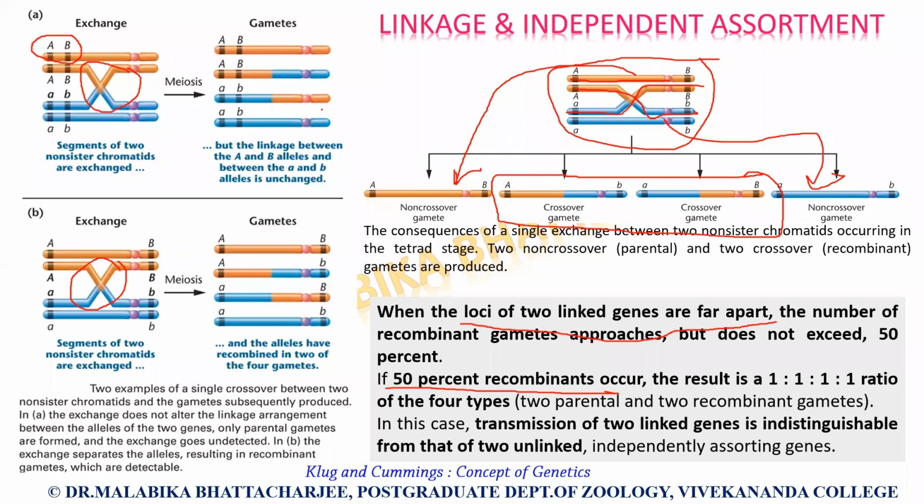So 50 to 50, parentals to recombinants, is independent assortment. Only parentals, complete linkage. Parentals greater than 50%, that's a case of incomplete linkage. So this is how the thing is done.